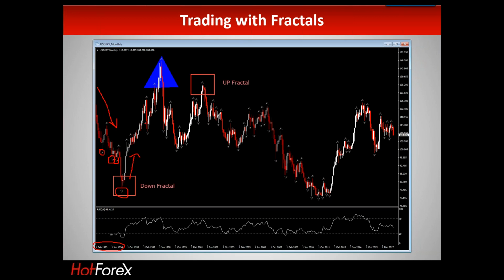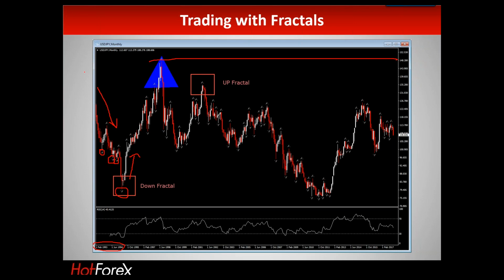So you have seen, as we already saw, that the down fractal is a possible switch. It's a bullish pattern, and it's a possible shift of a downtrend into an uptrend, and this is actually what happened. From that time onwards, we have seen dollar yen rallying and hitting the top of 148 area.